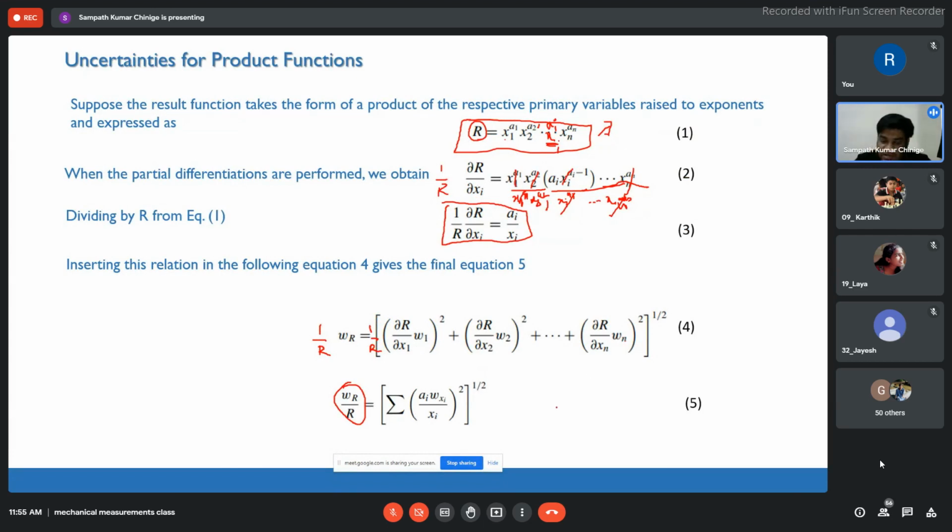I have written this as the sum for i equal to 1 to n, under the square root, of (ai ωXi by Xi) whole square.